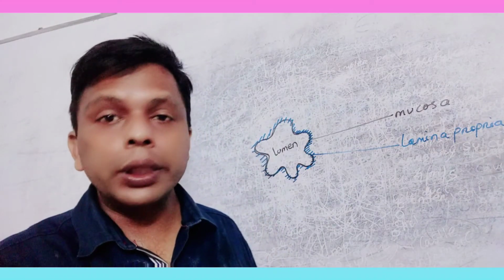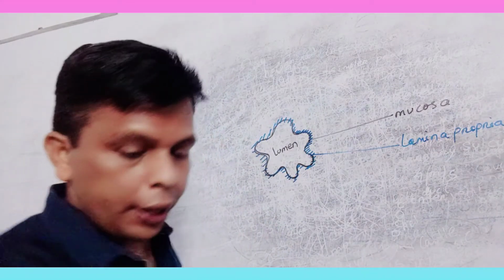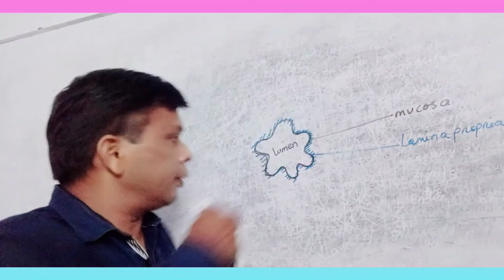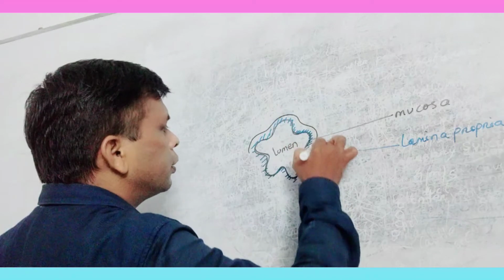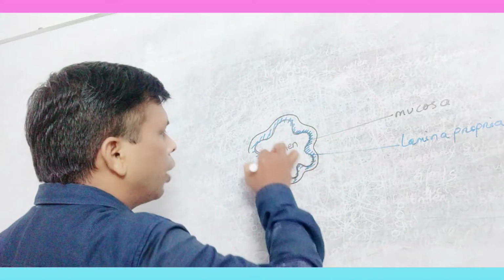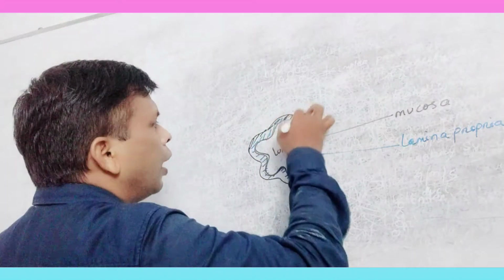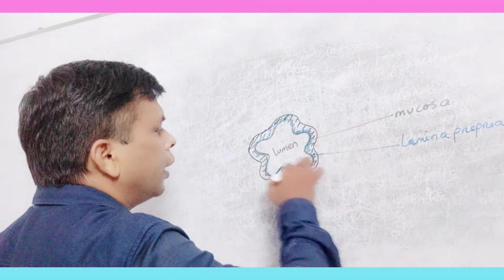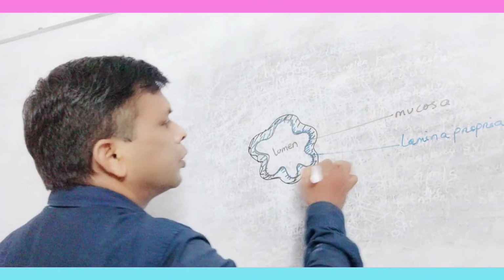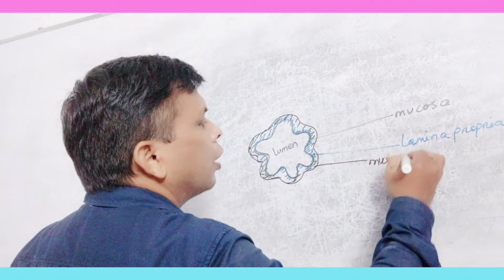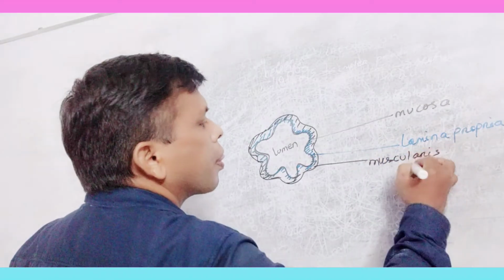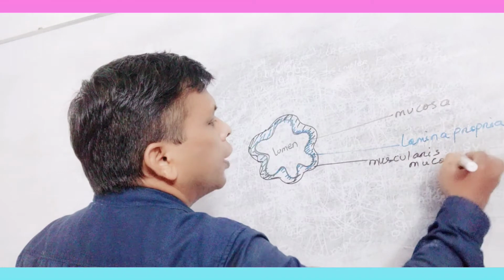So the mucosa consists of the lamina propria, and then this part is the muscularis mucosa. Okay, mucosa is over.